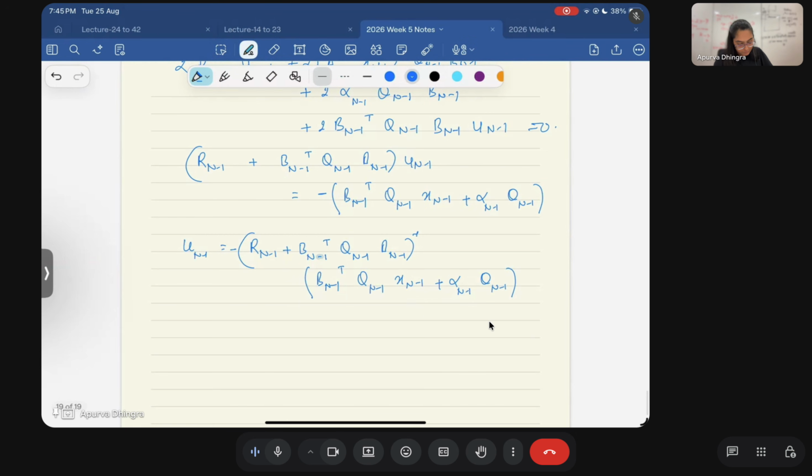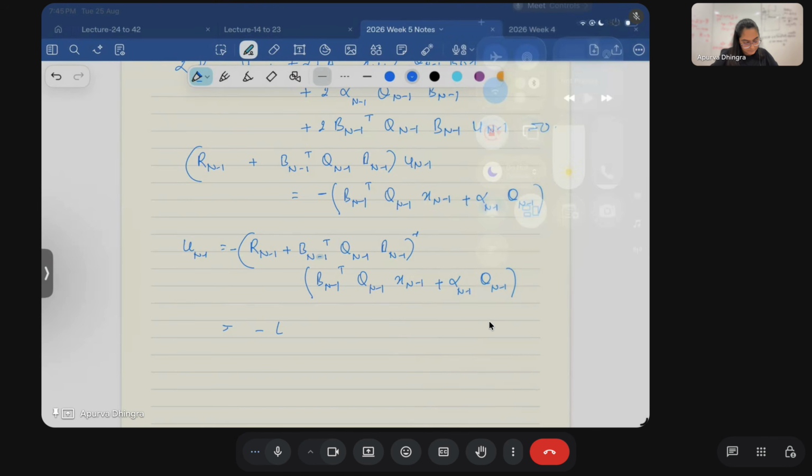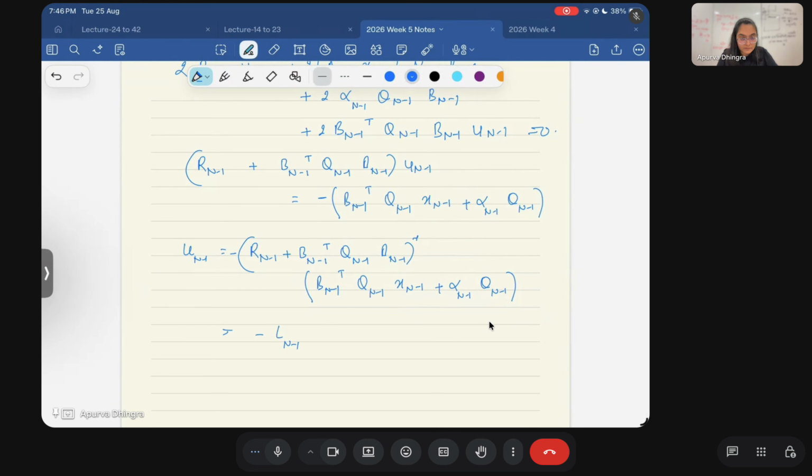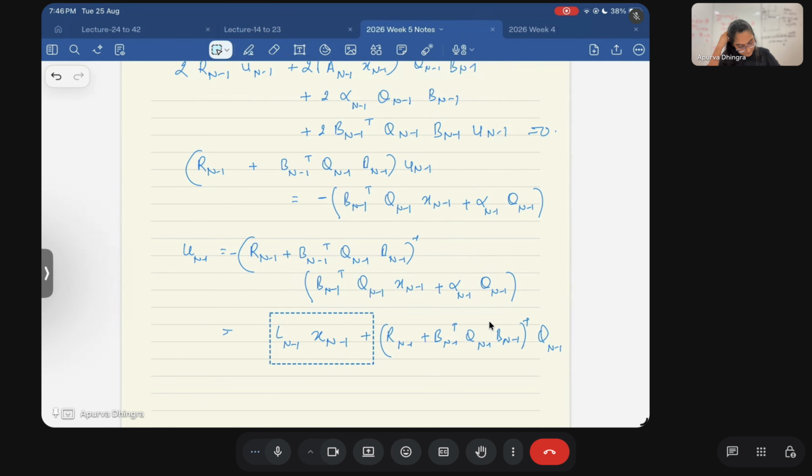So if you compare it with the previous version, what we had, this is minus L, this is one part, and along with that we have the following, times q and minus 1.